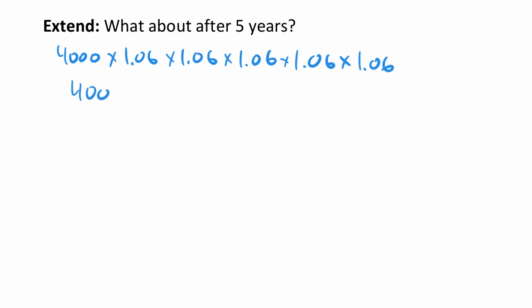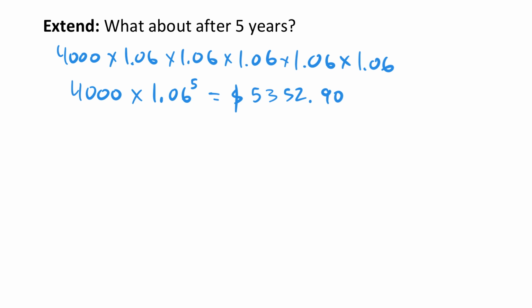But at some point we'll realize that if we have 5 1.06's, we have 1.06 to the power of 5. Think about it like exponentials. So we have 4,000 times 1.06 to the power of 5. And that gives us a total of $5,352.90.